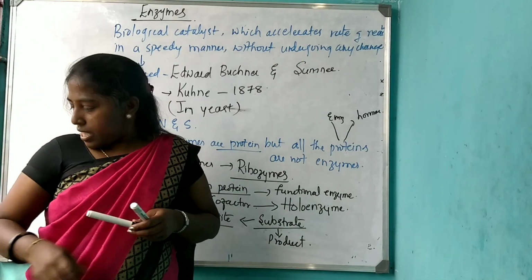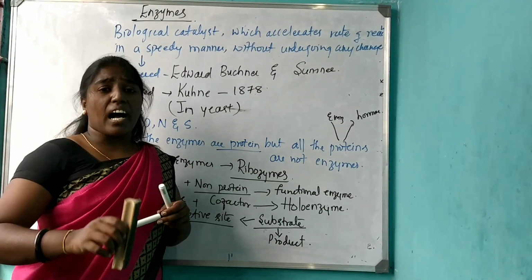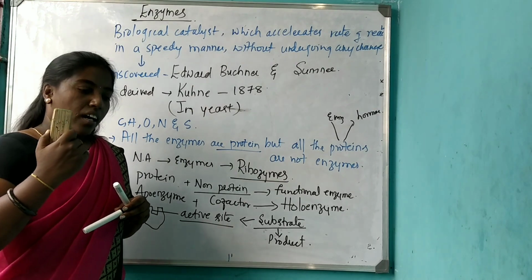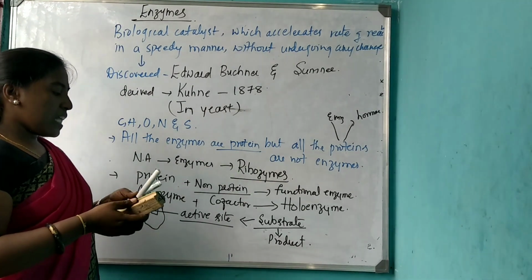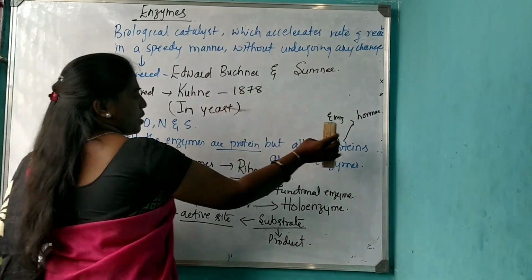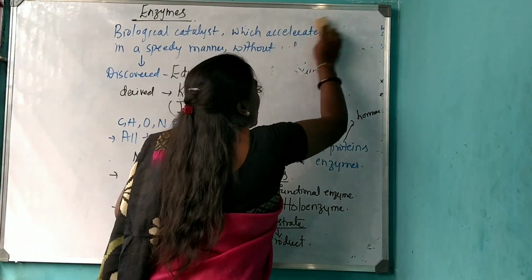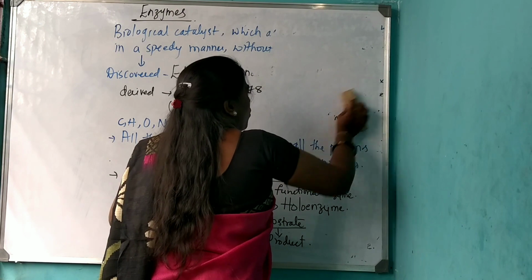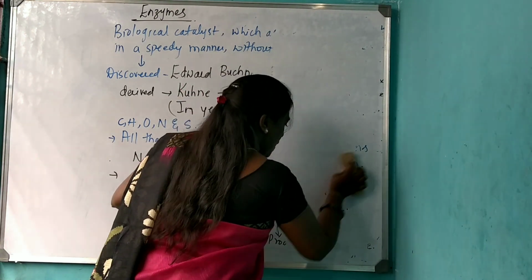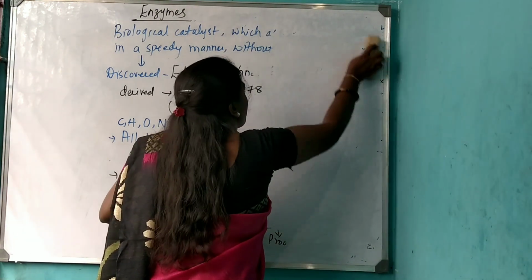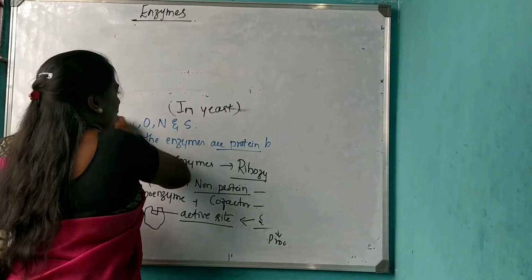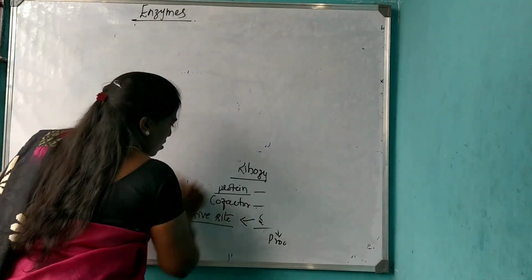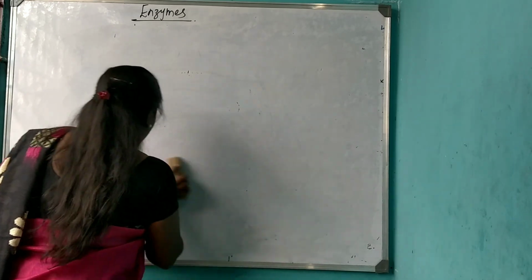In some cases, these proteins are sensitive to temperature. But whereas thermophilous organisms, what is the meaning of thermophilous? Thermophilous means the organisms which grow in extreme temperature, that is high temperature.